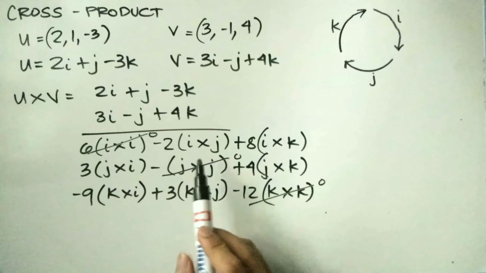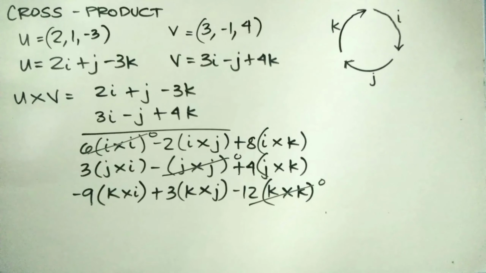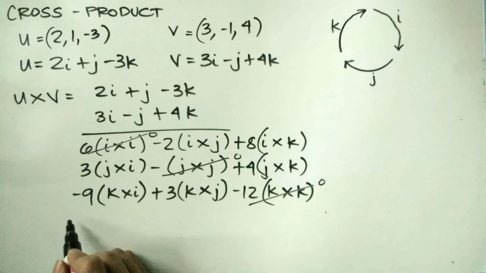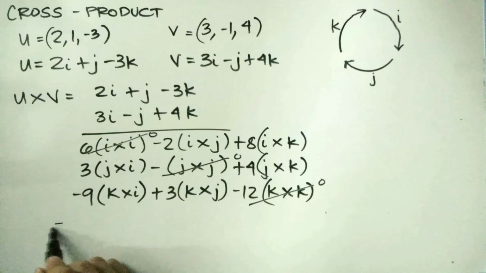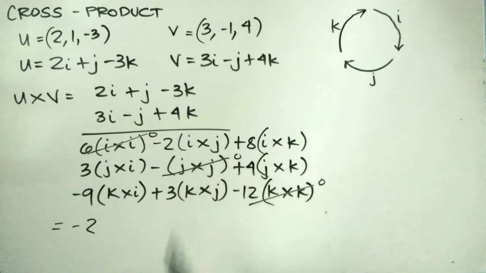Now, for the other terms, we will use this circle to find the cross product of each vector. So this would be equal to negative 2 i cross j.